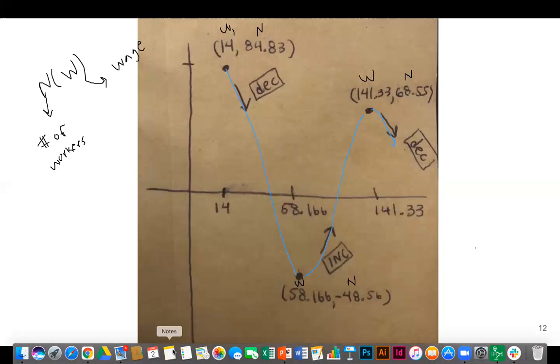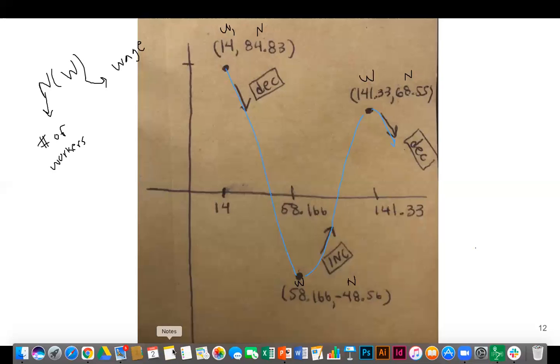Yeah, that's right, Rosa. So N, the output, represents the number of workers. That's correct. For me, I was a little bit confused because when I first did this, again, I didn't make this task. It's another teacher at the Impact School who makes it, and he's an applied mathematician. So he really likes to add in real world scenarios. But anyways, when I first did this, I kept confusing wage as workers.